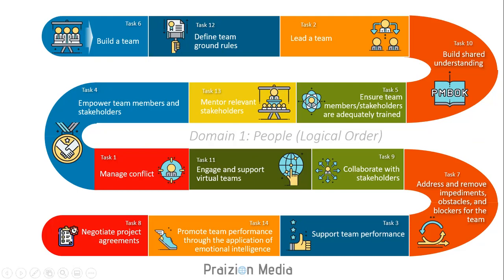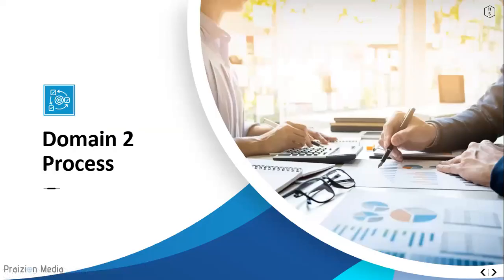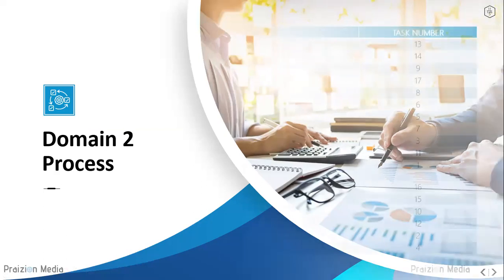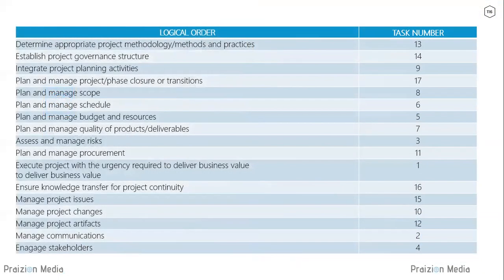Moving a step further and going into the process domain, again, there is a need to understand how the process domain is in a more logical order. For that reason, I have rearranged the entire spectrum in the process domain to give a table such as this.